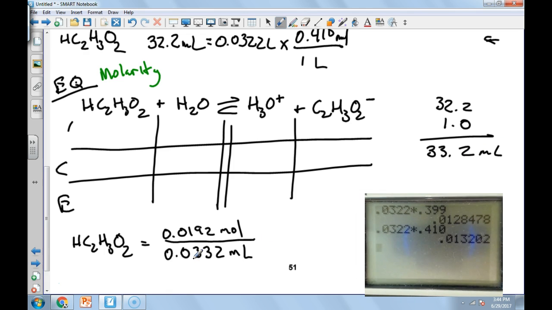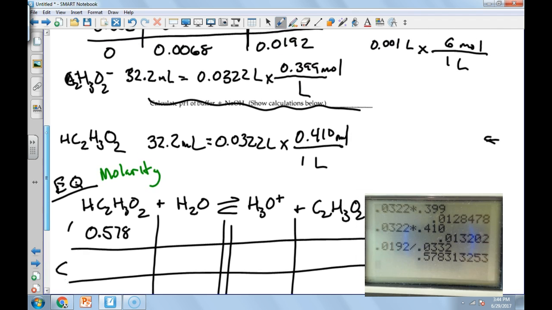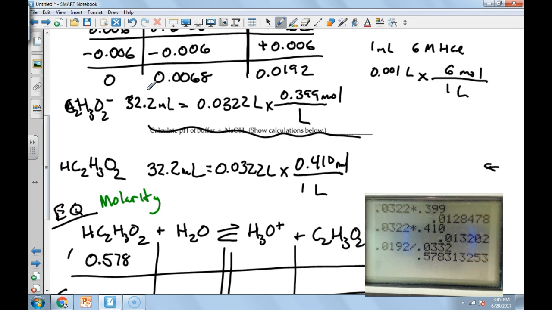So that concentration is going to be 0.0192 divided by 0.0332, and the initial concentration of this is 0.578 molar. Again, I'm not going to put the units there because I already know that equilibrium ICE charts are in molarity.